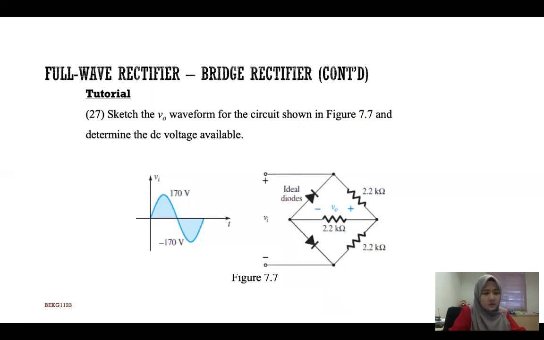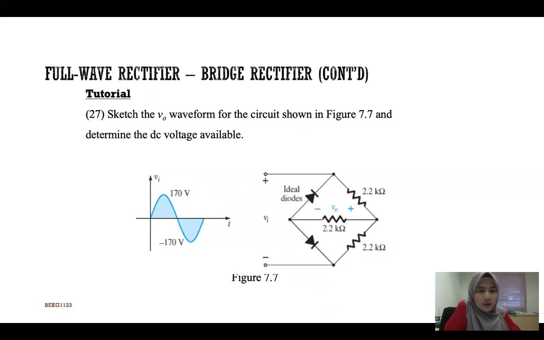This is, I think this is the tutorial question number 27. Okay, this one I think I want you to do it by yourself and try to understand by yourself, because this is also a question in your tutorial.